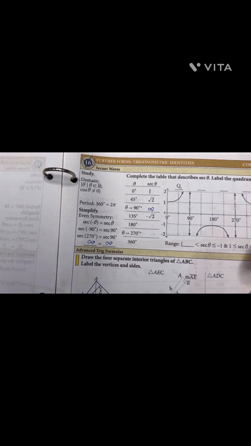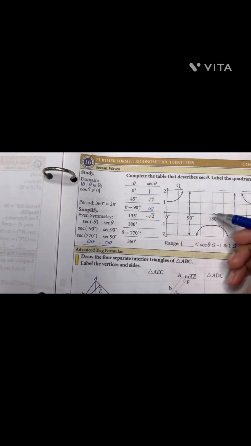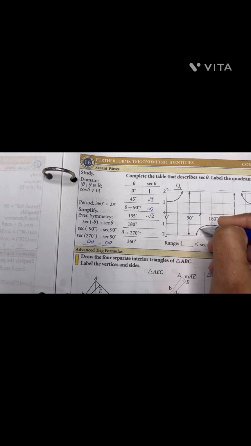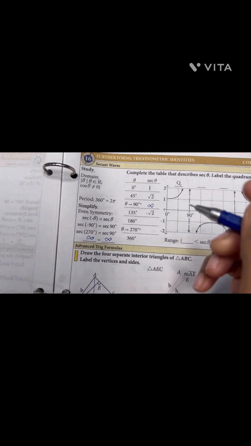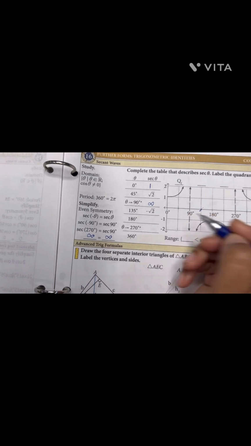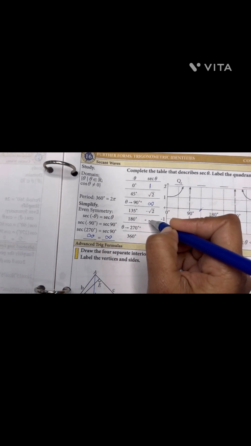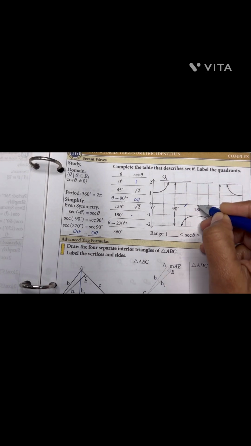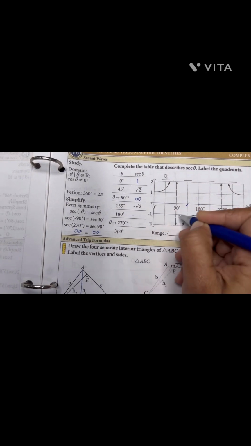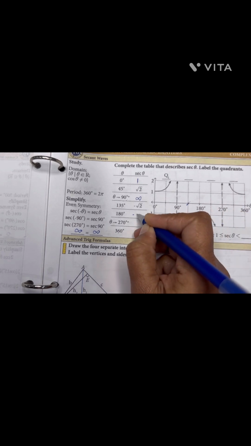Okay. As theta is 135 over here, I see that it's a little more than negative 1, which over here for them they have mentioned it should be square root of 2, right? Because, or negative square root of 2. Negative square root of 2 would be 135. And then as theta becomes 180, I see that my secant is negative 1.